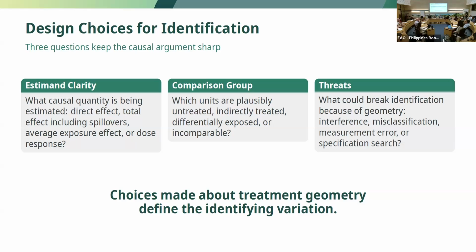Is it inside a boundary or just outside of a boundary? What are the spatial spillovers? Is SUTVA violated? Making those decisions early on is going to determine what the comparison group looks like. The further you go along in the research process, the more deterministic things become, because the choices you make earlier on constrain the things you can do later on. Thinking about the estimand and the comparison group allows you to think clearly about what the threats to identification are.